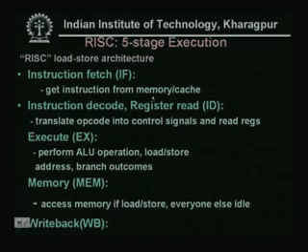So, first it fetches the instruction, then instruction decode and register read. Instruction decode determines what the instruction is: it translates the opcode into control signals and reads registers. As we have already seen in one example, every instruction's opcode field is encoded with some binary numbers.